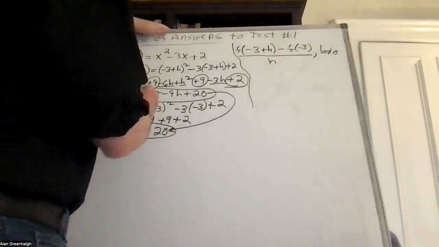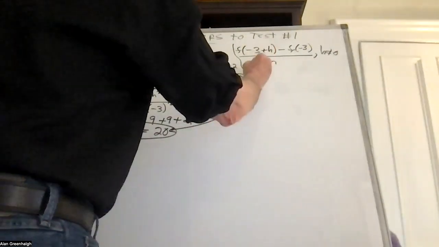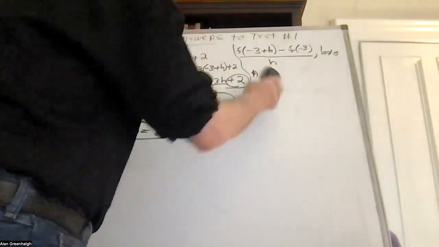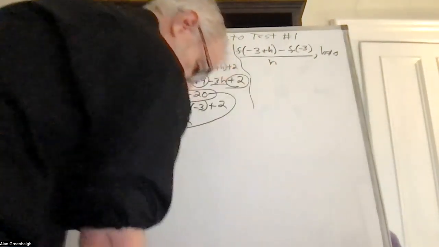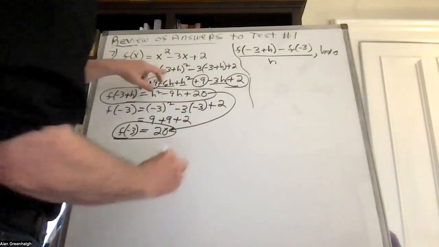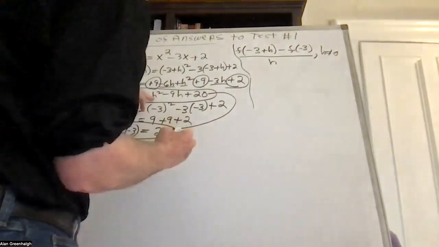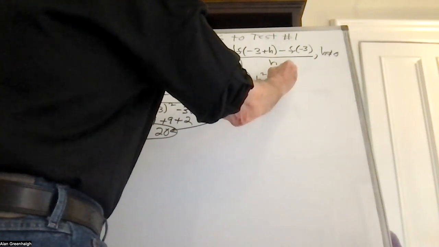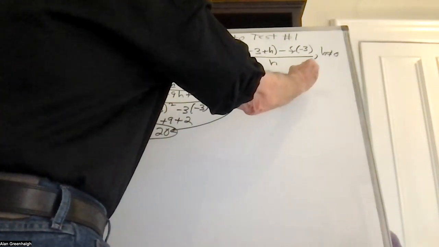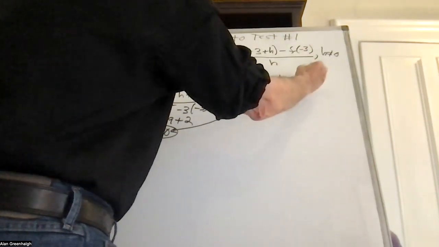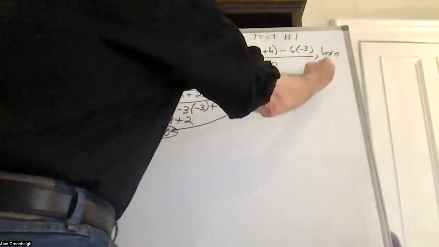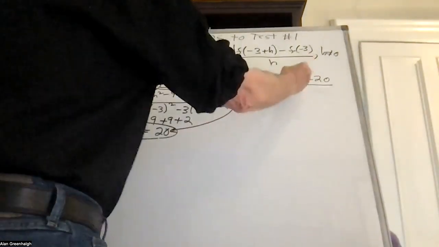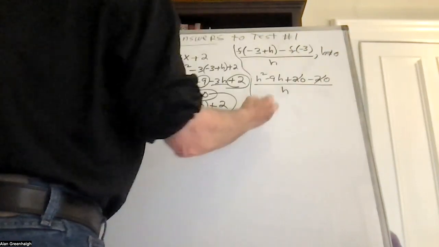Okay, so therefore, this can be replaced by, down here, h squared minus 9h plus 20. Then there's a minus sign in the middle there. And then there's a 20, divided by h. This cancels out because 20 minus 20 is 0.